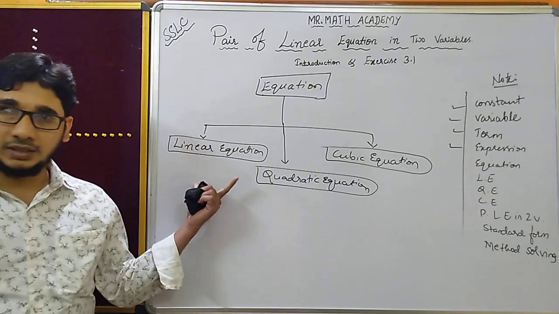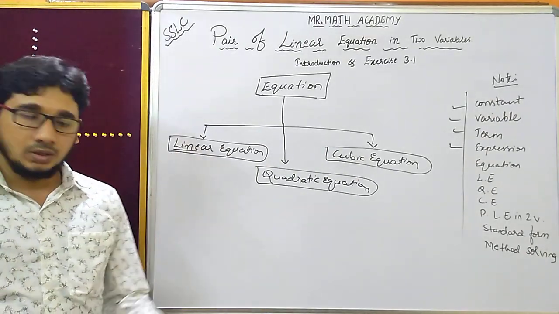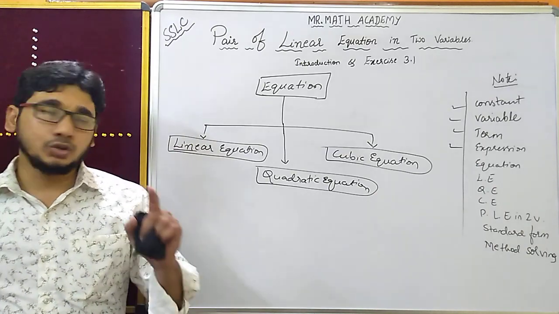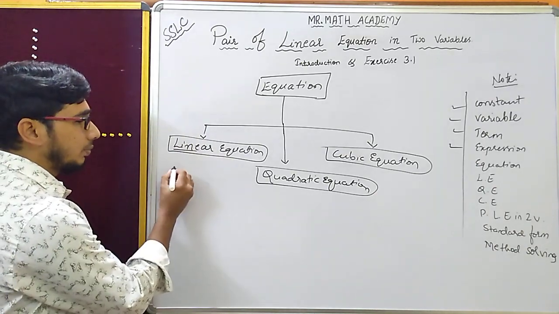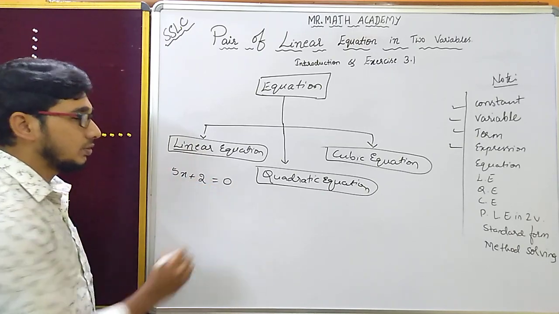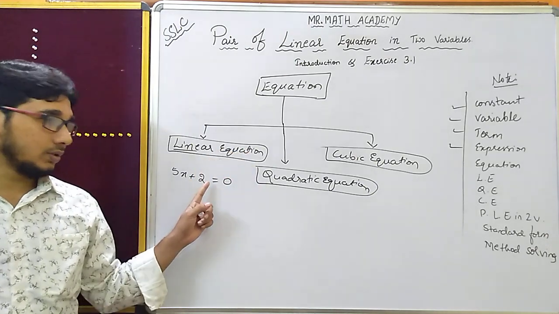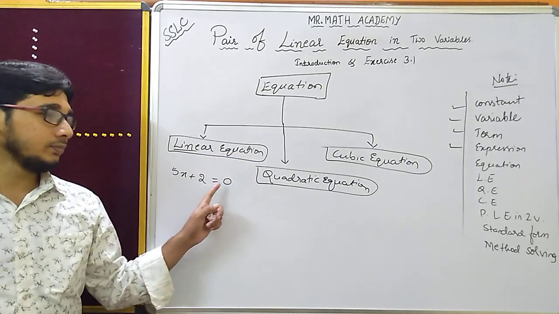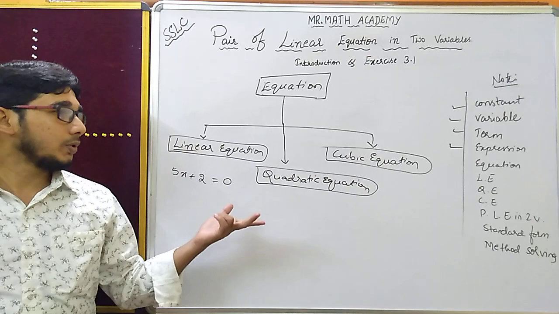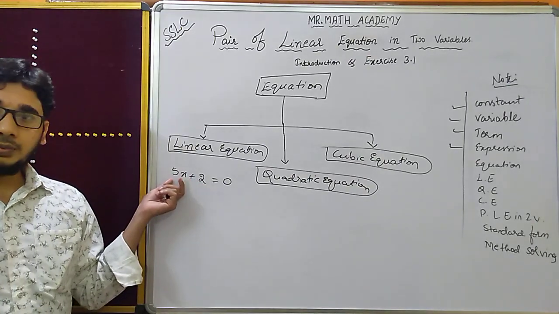So what is linear equation? I'll tell you the meaning of linear. Linear means the power of variable should be 1. For example, 5x plus 2 is equal to 0. See, equation means equal symbol should be there. This is a constant and this is a variable.